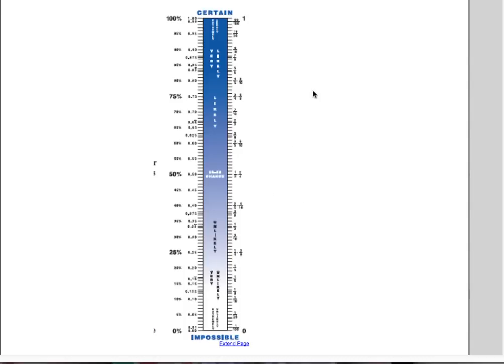I know this is a small version, but you can kind of look and see how it's marked. By the way, if you would like to get a better look at a probability meter, there is one on page 402 in the student reference book, page 402.